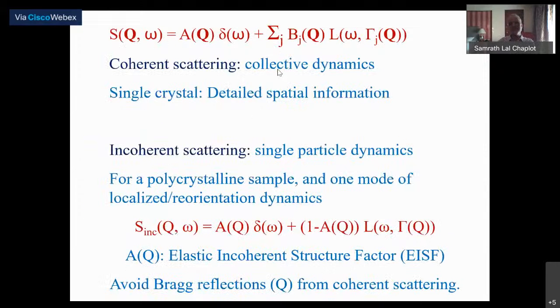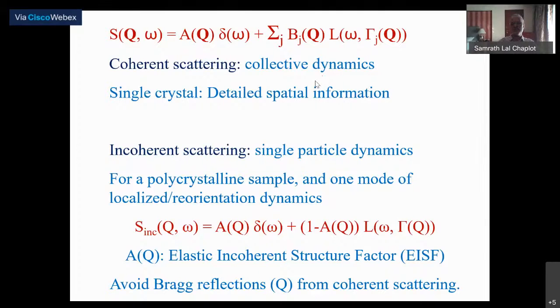Again, this could be coherent scattering or incoherent scattering. If the atoms involved have a good coherent scattering cross-section, then the collective dynamics would be observed. That means any correlated stochastic dynamics of atoms.